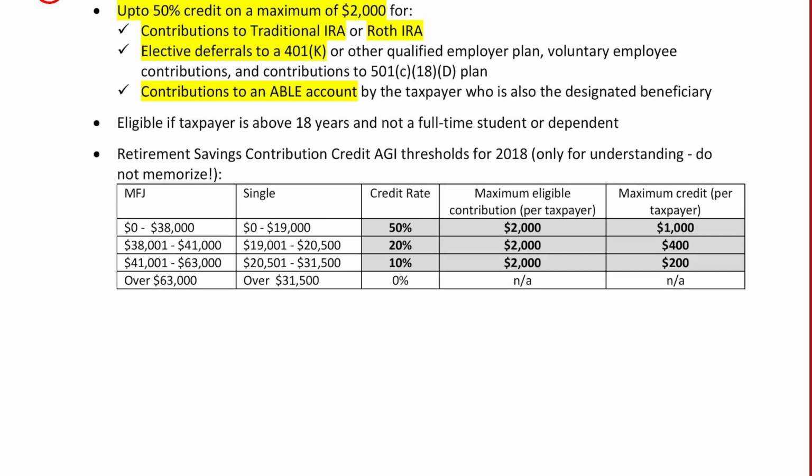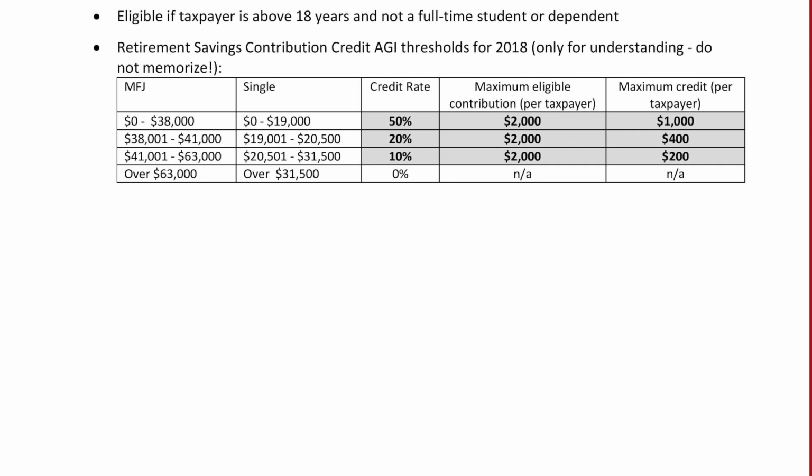So basically, for traditional IRA contribution, the taxpayer is getting a deduction, and this was the I of WISHES, IRA deduction, plus tax credit.